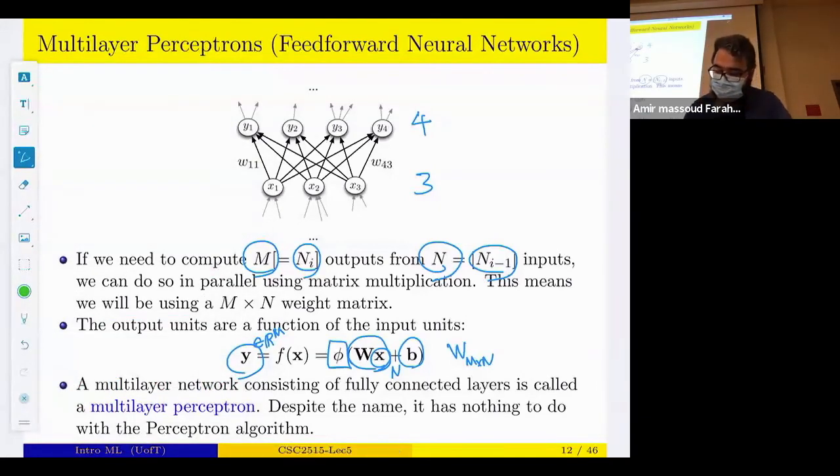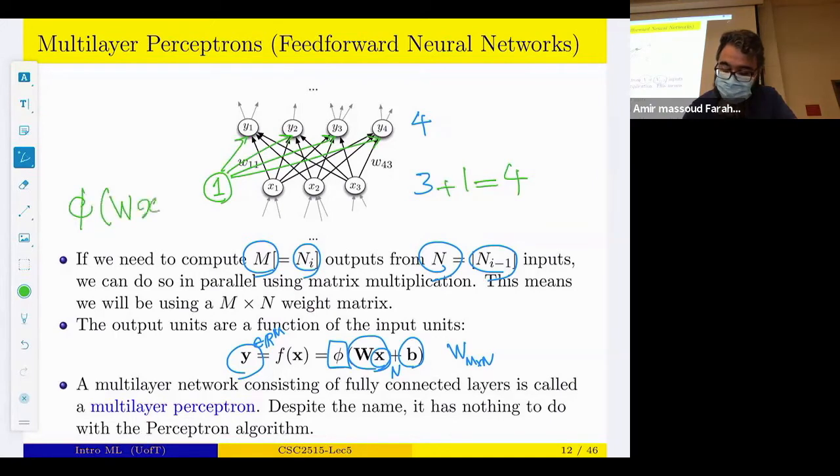If I want to avoid bias, I can assume that there is a unit that always generates 1, and it is connected to all of them. Then this becomes 3 plus 1 equals 4, and I can write everything as phi of W x extended, maybe x prime, and now W would be 4 by 4 dimensional, and there wouldn't be any need for an extra bias term.